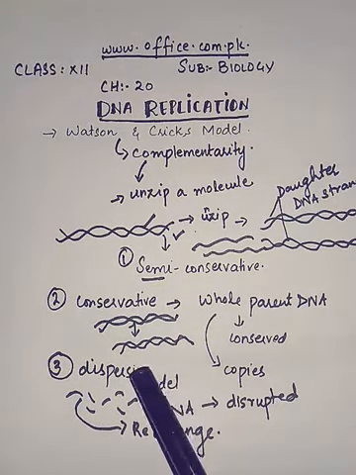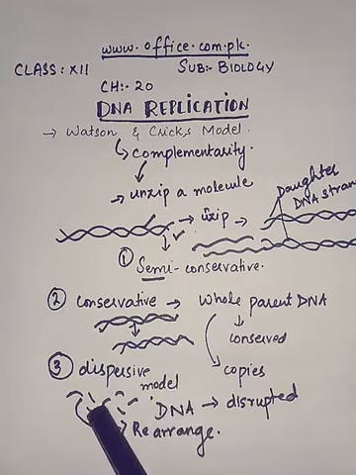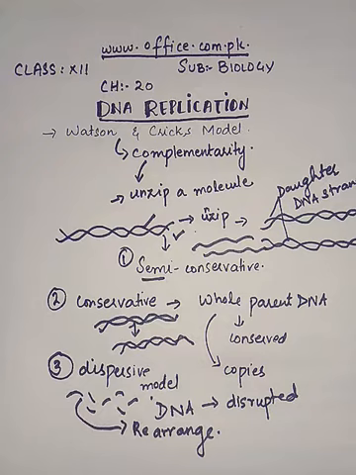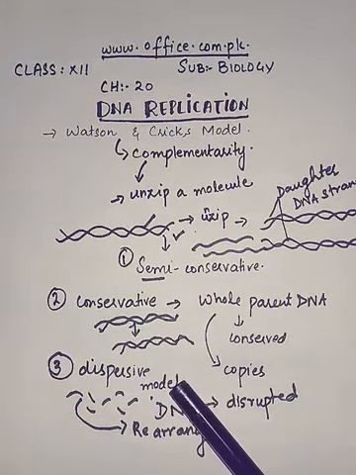The dispersive model states that the DNA is completely broken into separate nucleotides, which will rearrange and become a mixture of old and new nucleotides in the daughter DNA molecules. Now we will see the experimental verification, which will explain which of the hypotheses is correct in explaining the replication of DNA.